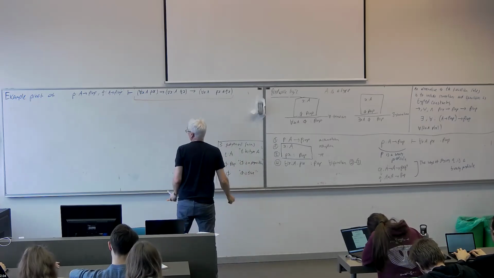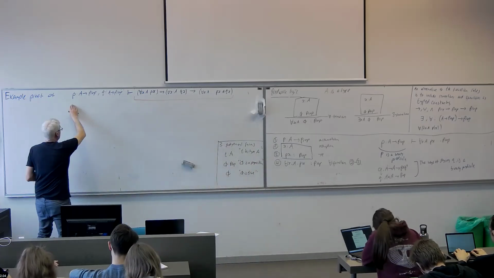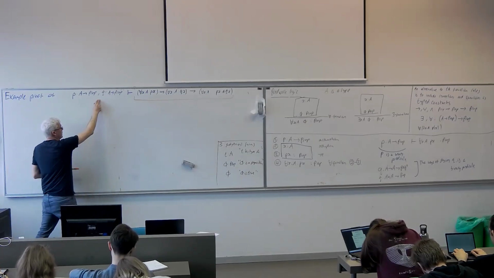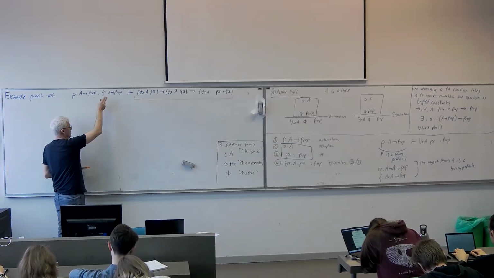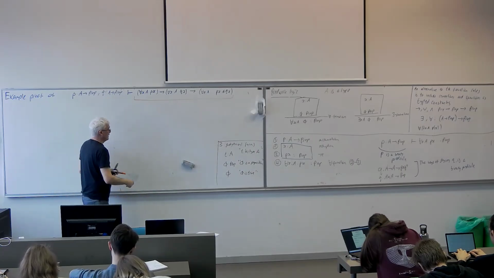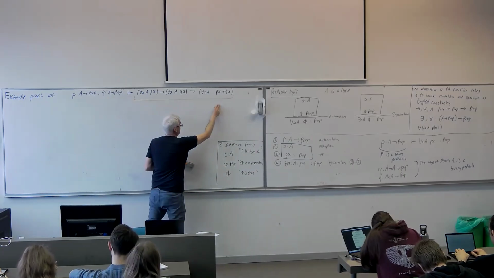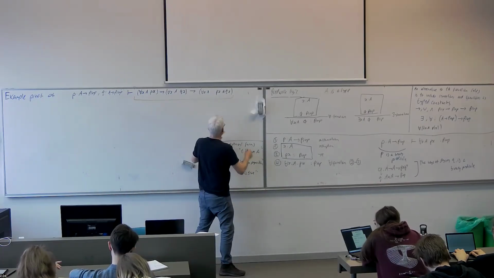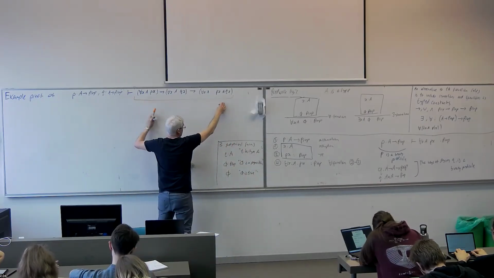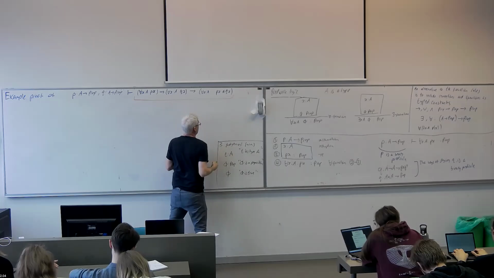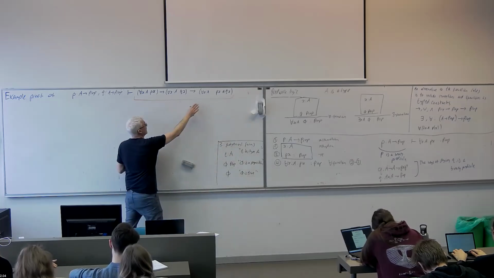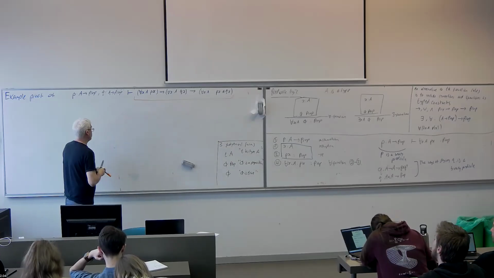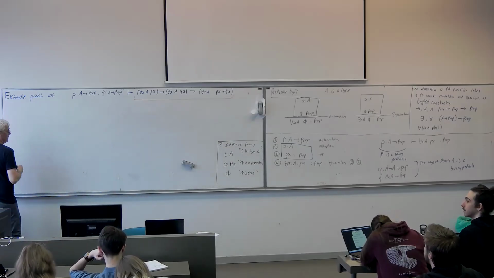So here we're saying, as long as P is a predicate on type A, and Q is a predicate on type A, so they express properties of type A, then this formula, which is indeed a legitimate formula because we can certainly construct this as a proposition, is indeed true. Okay, so let's prove this.